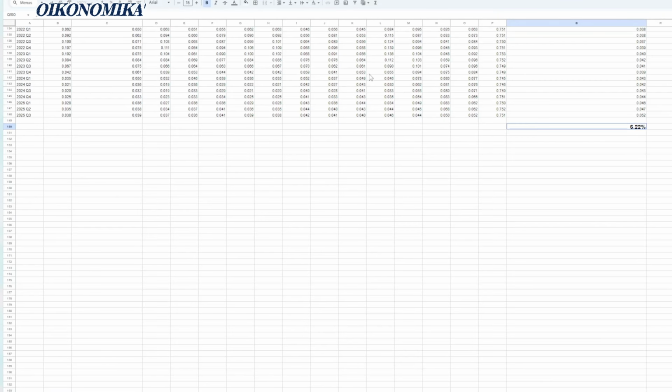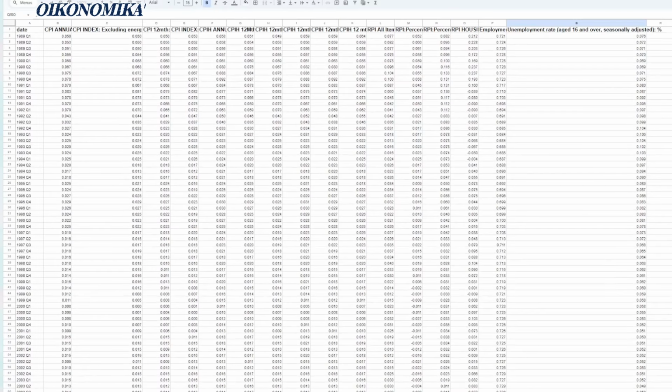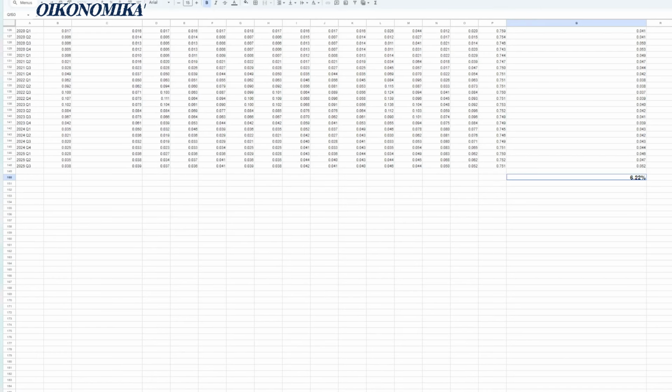So the average rate of unemployment for the past 25 years is 6.2%.